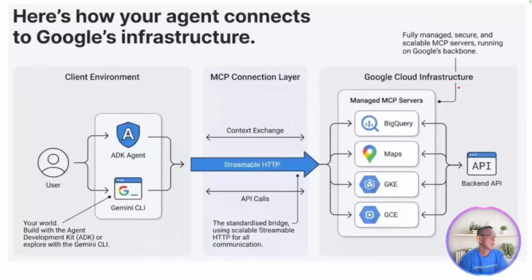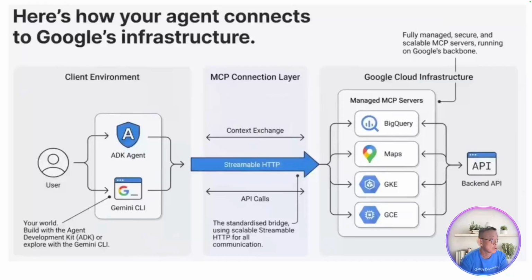Okay, so this is how the agent connects to the Google infrastructure. Depending on the tools you are using, whether Gemini CLI, Google Antigravity, or your ADK agent, you can connect to the Google MCP servers through the MCP connection layer, which uses the transport method of streamable HTTP.